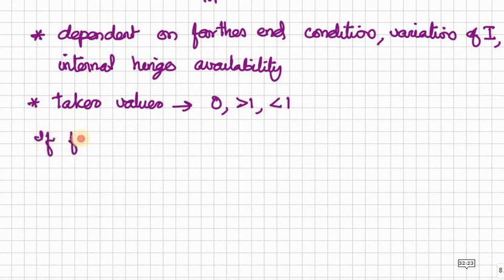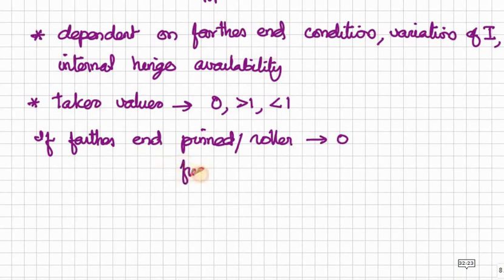If the far end is pinned or roller, then carry-over factor is equal to 0. That is, no moment will be carried because of hinged support or roller support. There is no moment carrying capacity. If the far end is fixed or continuous, that is an interior support, then half of the moment will be induced. So carry-over factor is equal to half.